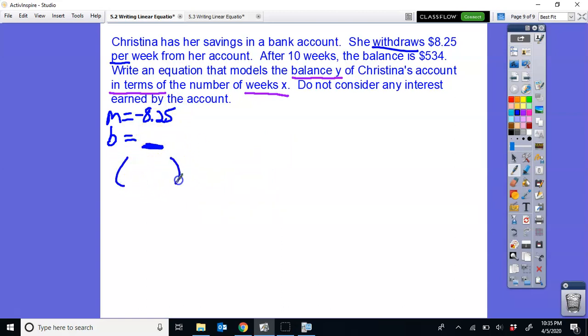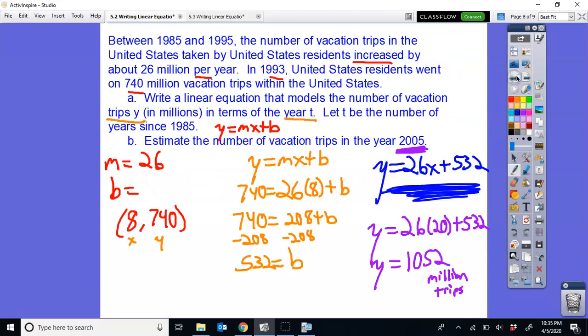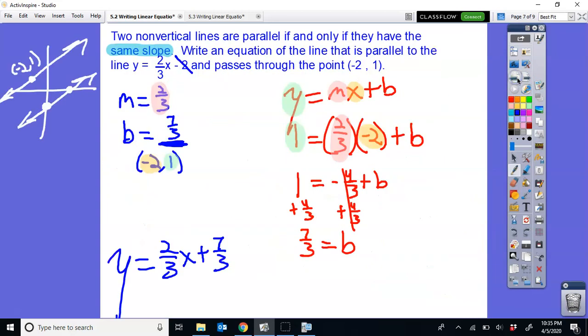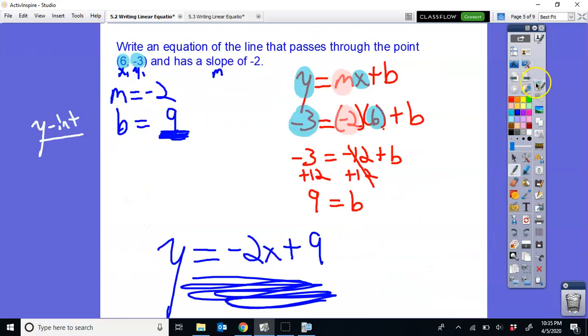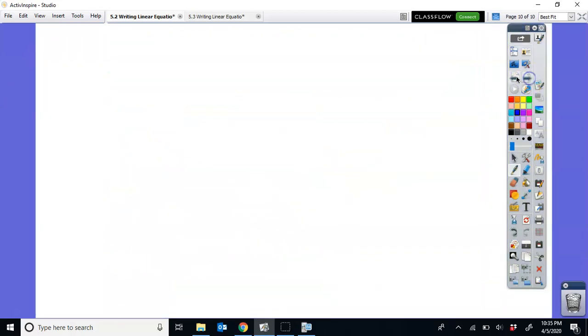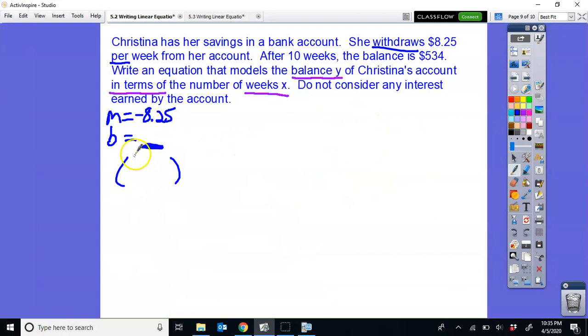I have another point, just like we had here, just like we had here, just like we had here. We have the slope, and we have another point on the graph. We have, after 10 weeks for x, the balance is 534 for y. Remember, balance is y, weeks is x.